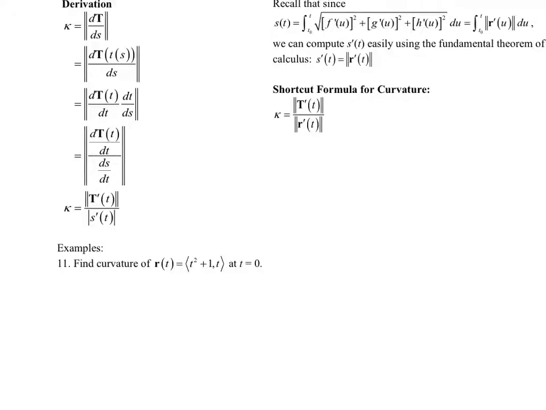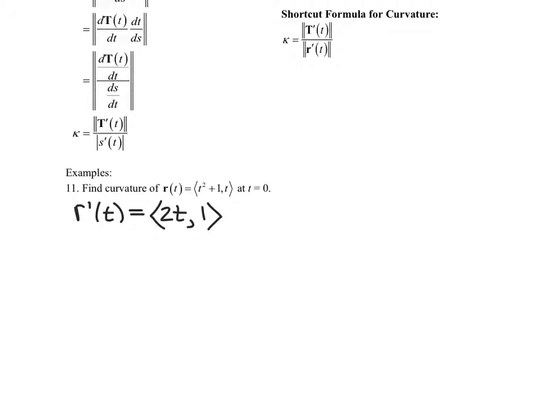So if I'm looking for the curvature at t equals 0, I can look at the graph and get a sense of what's going on, but I could also just dive right in. What I need is basically everything at a point. My curvature value is dependent on r prime of t, so I'll get that first. Just take the derivative.